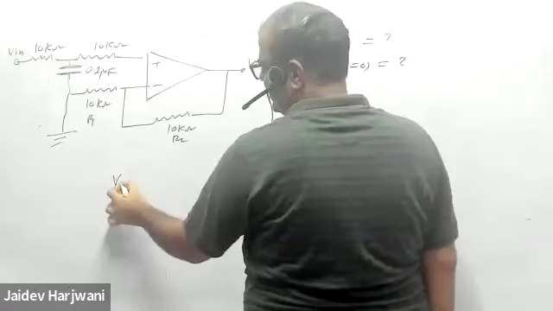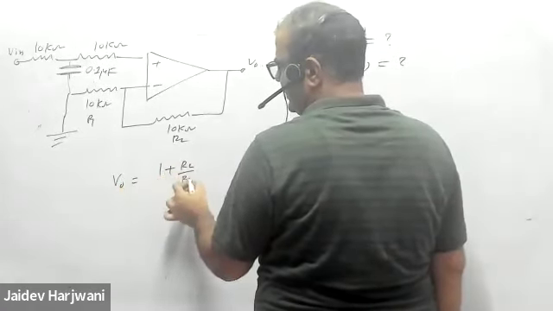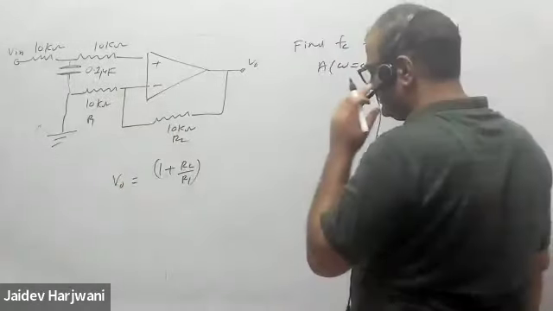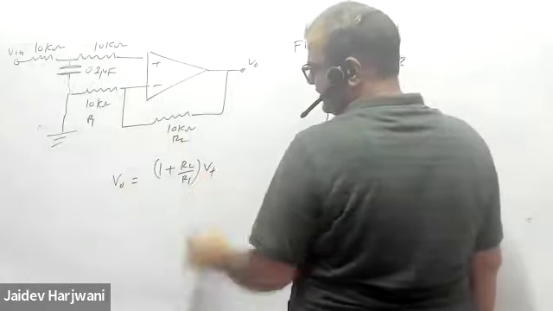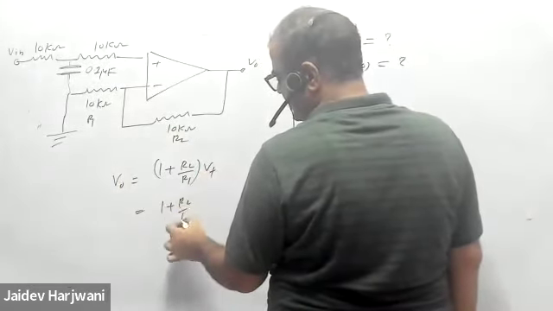So the non-inverting formula is what? V output equals V plus into 1 plus R2 by R1.